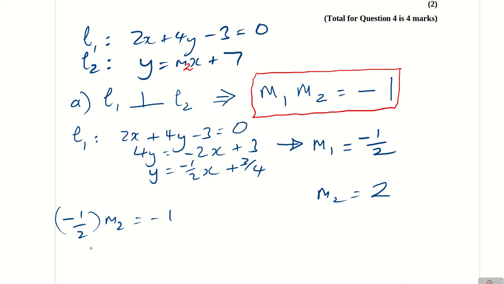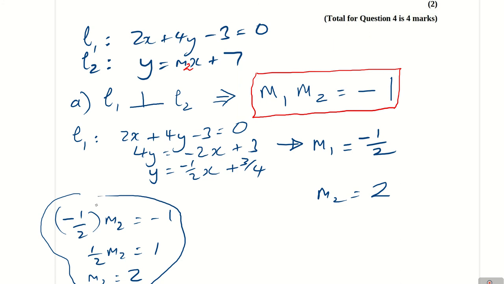If we times both sides by a minus, we get a half m2 equals 1, and then m2 is going to equal what we get if we times both sides by 2. Well, 2 times a half leaves us with m2, and 2 times 1 is obviously just 2. But a quick way to do it is to just turn the fraction upside down and change the sign, and that'll tell you what the gradient of the second line is, and therefore m equals 2.